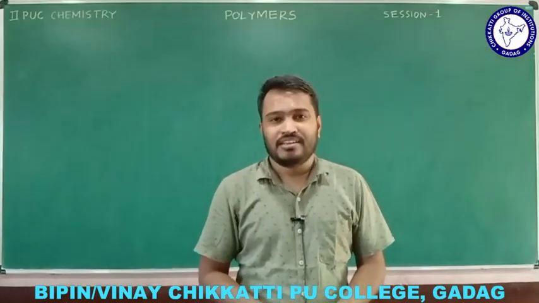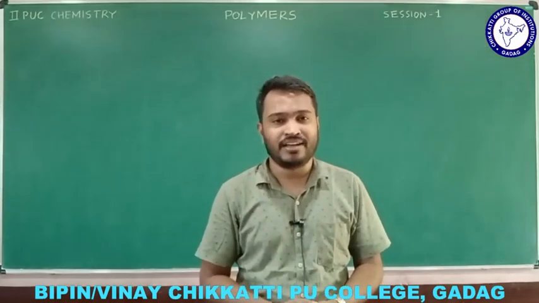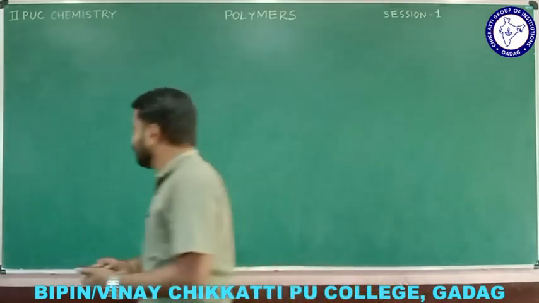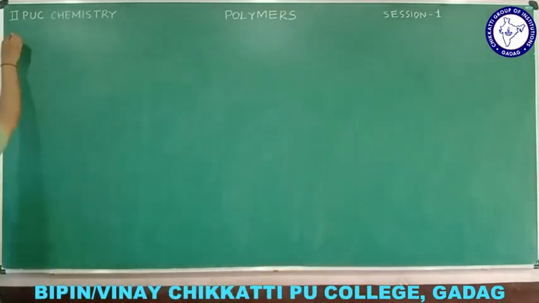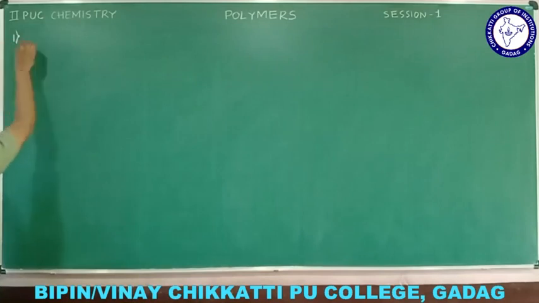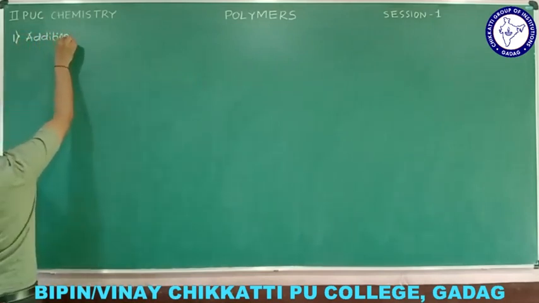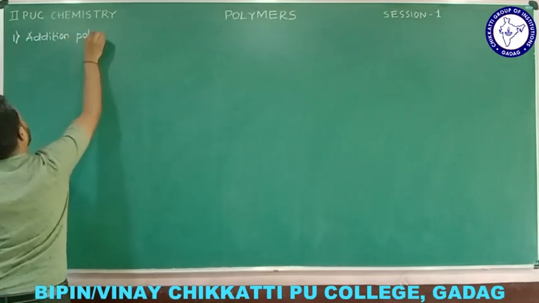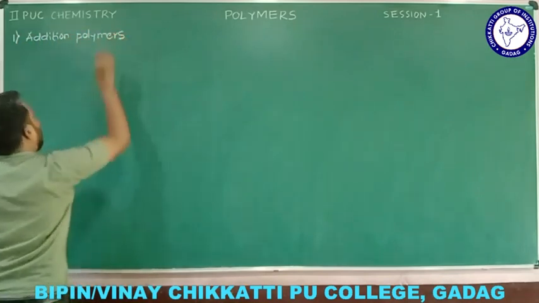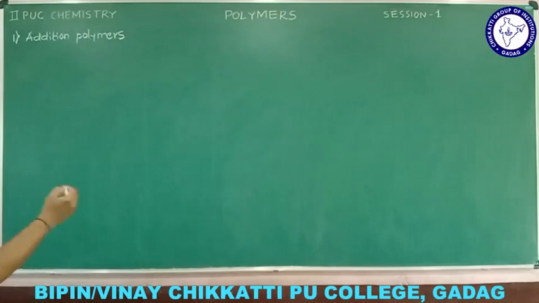And now we'll see the first one, that will be addition polymers. So now here the first type is addition polymers. We'll see what addition polymers are, and the second one we know, that is condensation polymers.